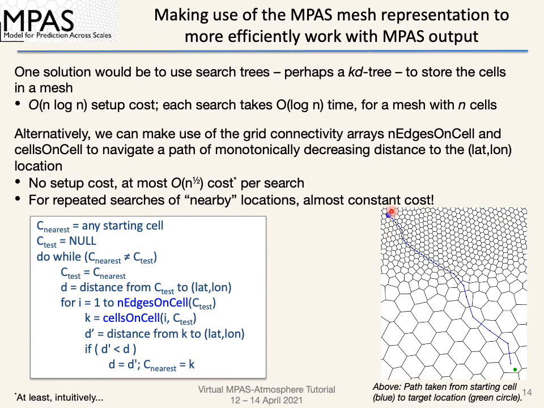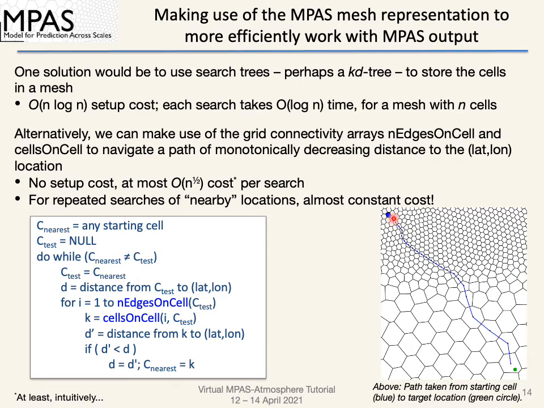Anytime we find a neighbor of our current test cell that's closer than we are, we're going to set our nearest cell, our provisional nearest cell, to that neighbor. And that's going to end the iteration. At the beginning of the next iteration, our test cell is going to move to whatever neighbor among those of our previous test cell was nearest.